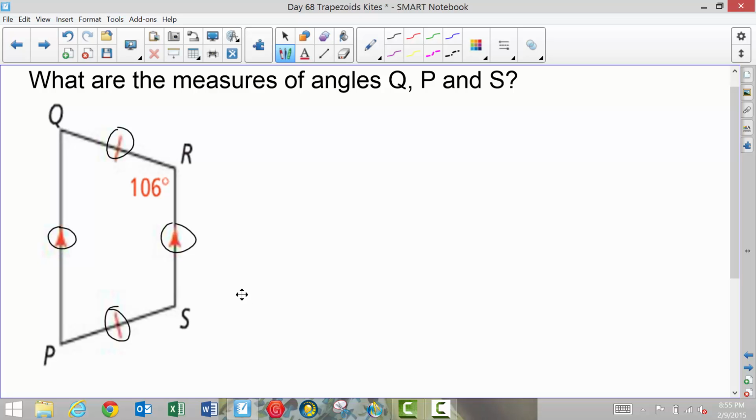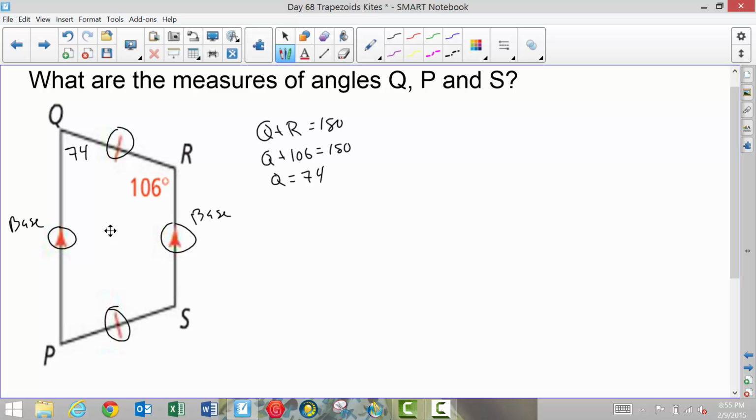So it's isosceles trapezoid. Well, using our rules of isosceles trapezoid, I know that Q plus R is equal to 180. So if I have Q plus 106 equals 180, subtract from 180 from both sides, I know that Q is going to be 74. Well, you should also know that this is a base.